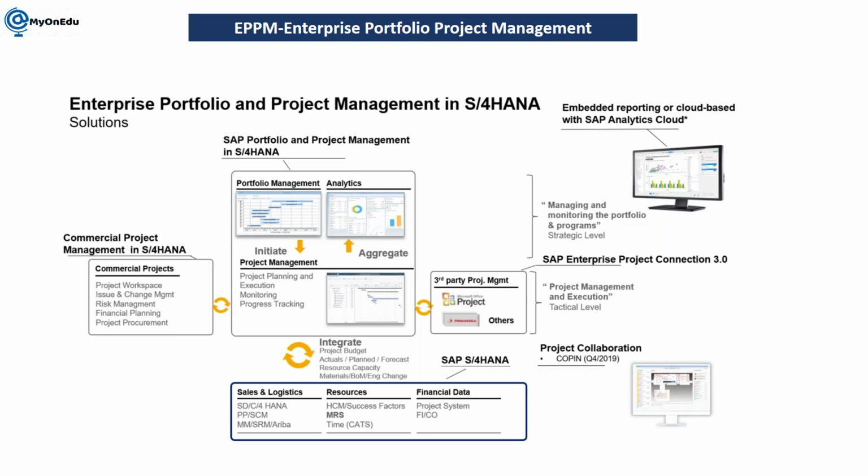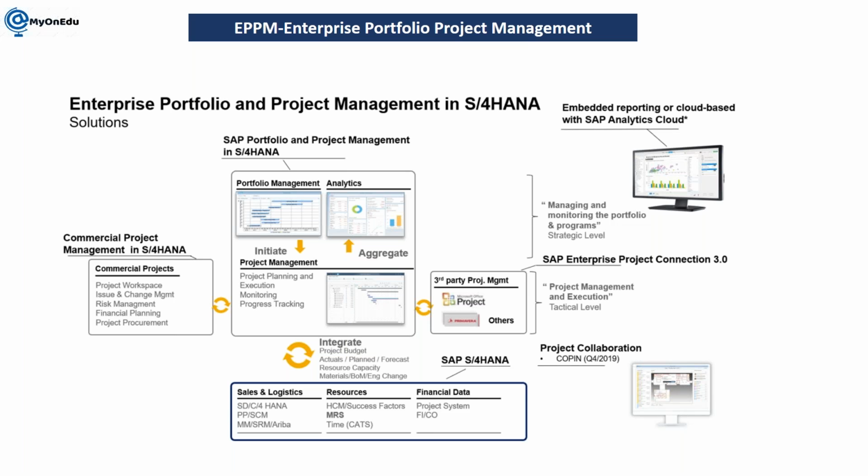So irrespective of any particular module, we started to communicate that this is the package which has all the different types of project solutions. That was the reason the EPPM concept was introduced.